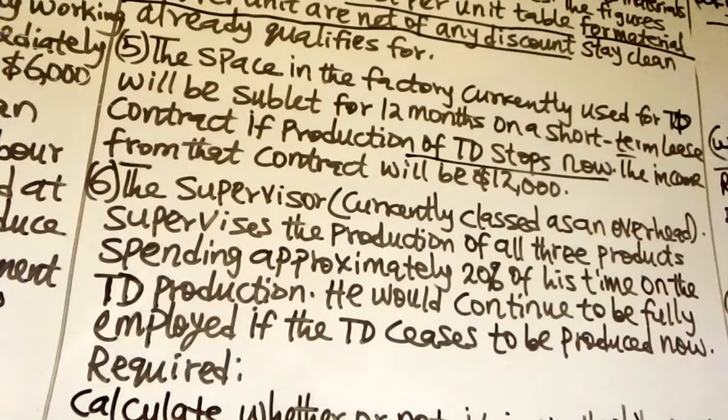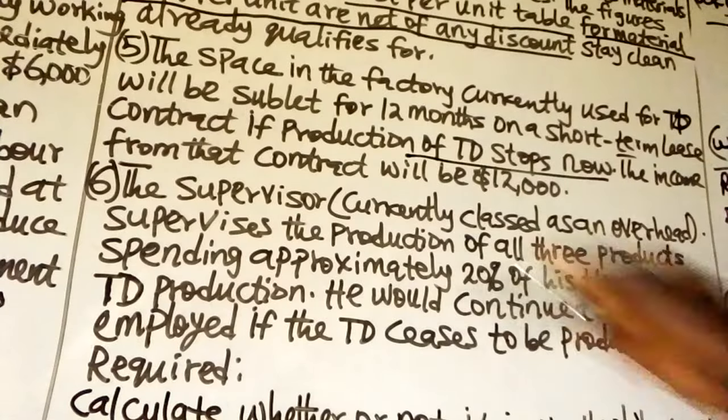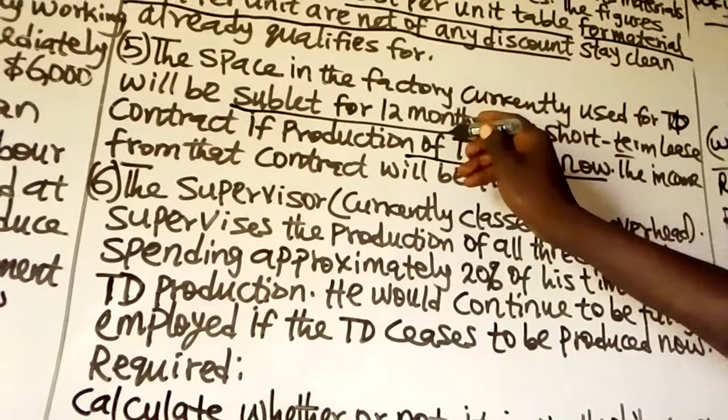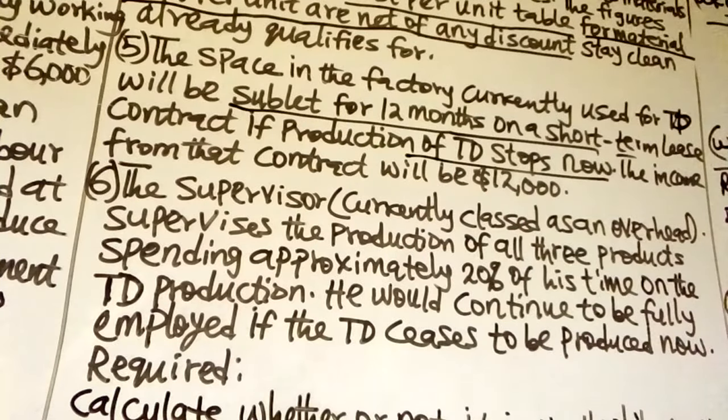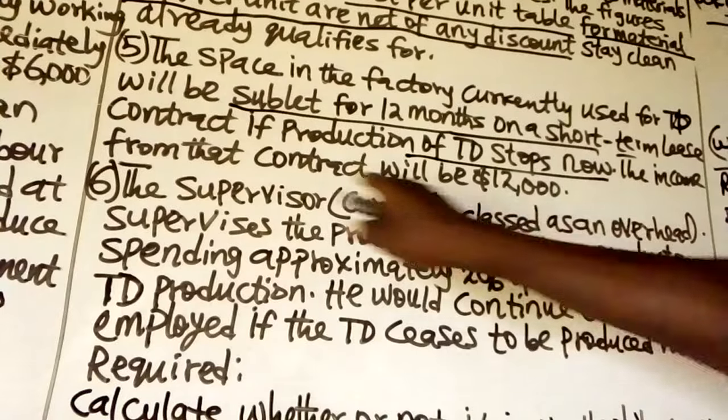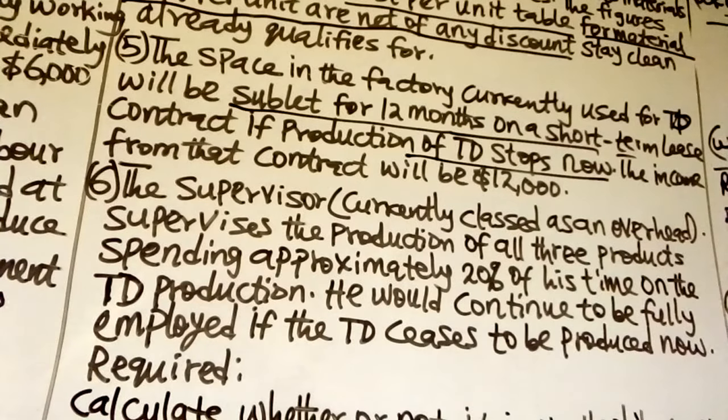If you stop TD now, you are going to sublet the space you use for TD for 12 months. The income from that contract will be 12,000. If you stop TD now, it is then that you'll be able to sublet the space. But if you decide to continue with TD, you won't be able to sublet the space.